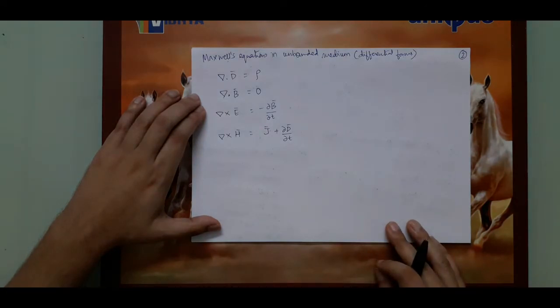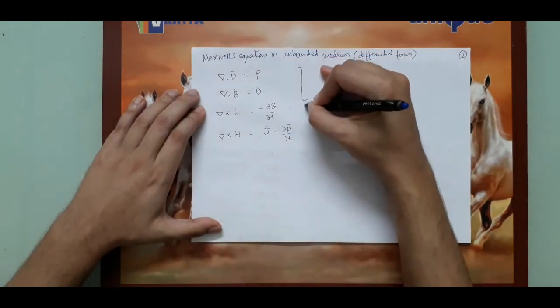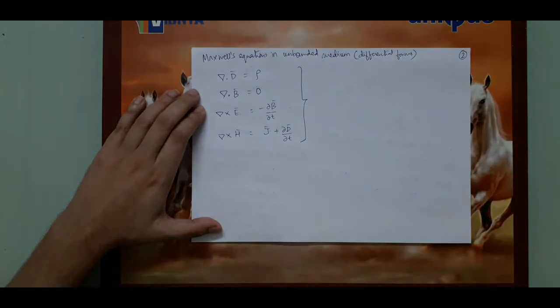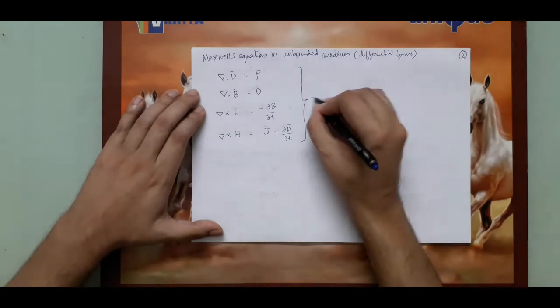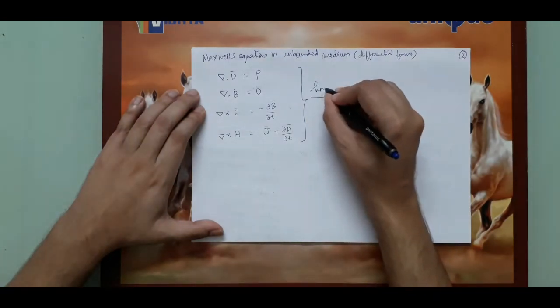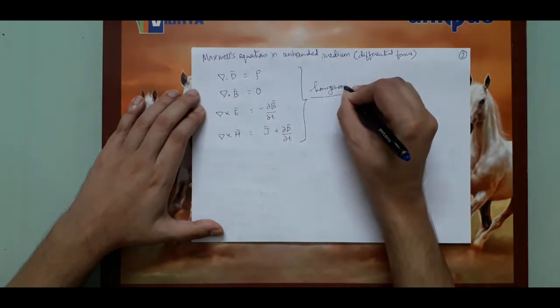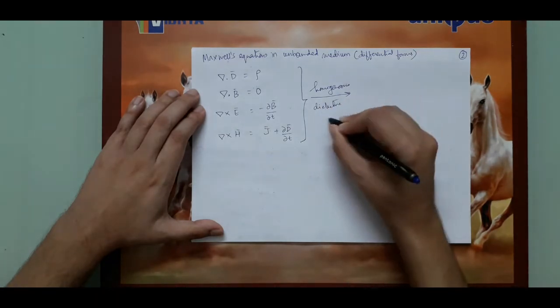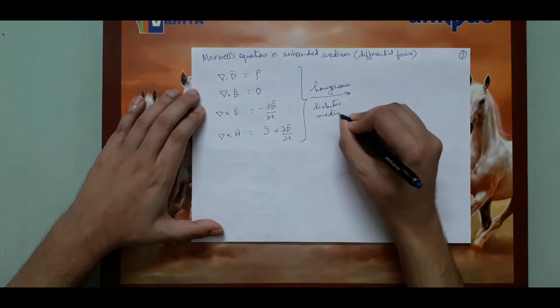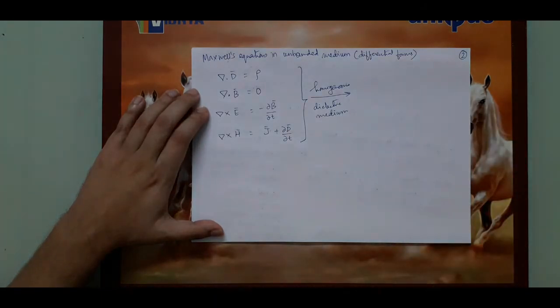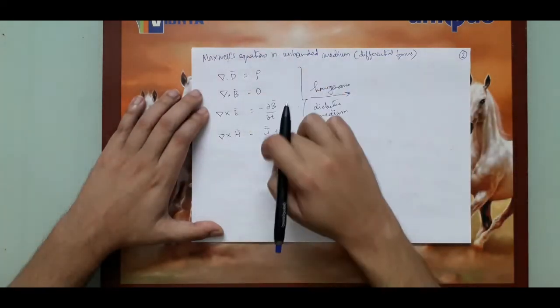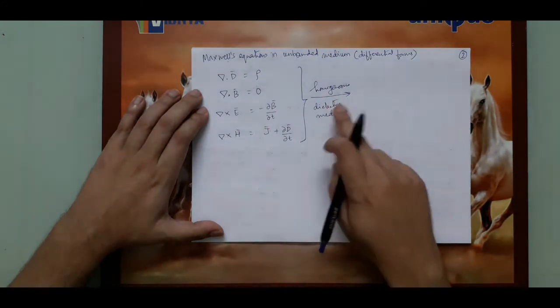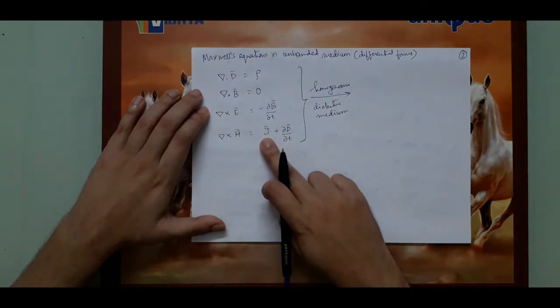Now, we have said that we will assume that our medium is a perfect dielectric, homogeneous. So in that case, we know that no free charges can exist and a dielectric medium cannot have a conduction current because it is an insulator.